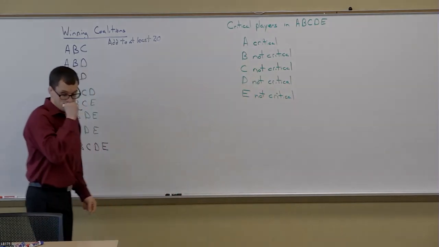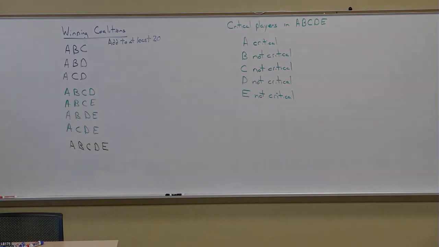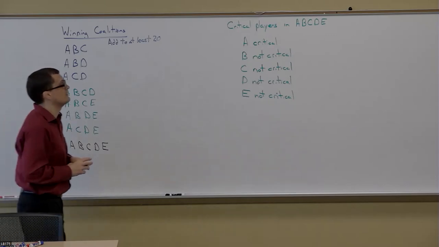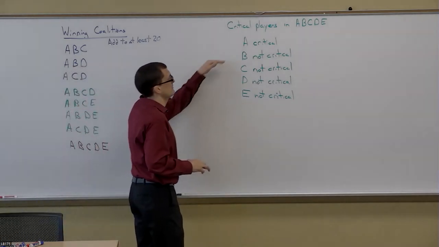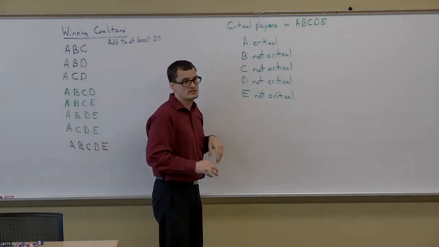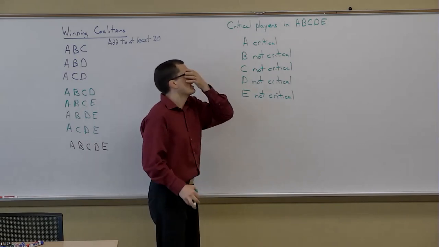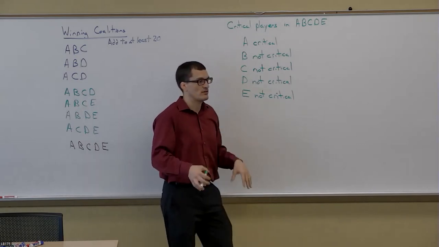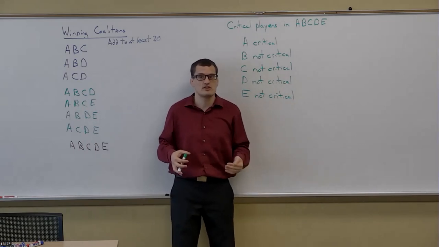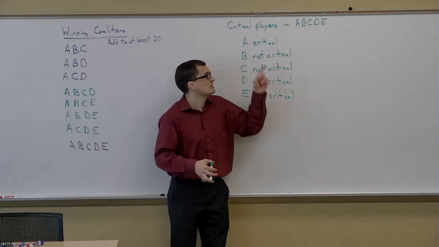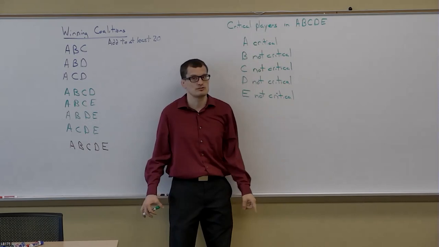So, you can see sometimes every individual is a critical player in a winning coalition. And you can see sometimes that there are a lot of individuals that are not critical to the coalition. It doesn't happen here, but there are scenarios in which none of the individuals are critical.